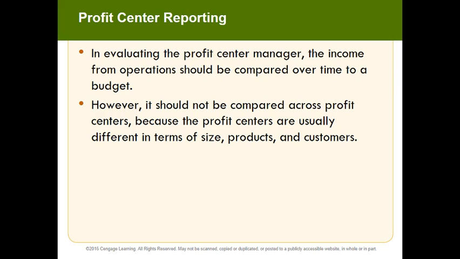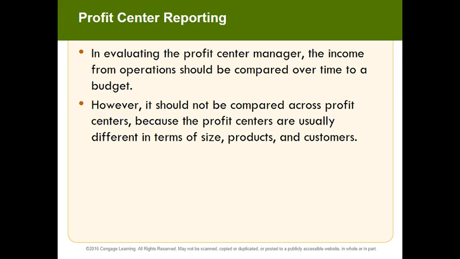When those profit center managers are comparing things like this, income from operations is going to be compared over time to a specific budget. However, it should be compared across profit centers because the profit centers are usually different in size, products, and customers. As we saw in the previous slide, there is some pretty significant difference in the income generated.